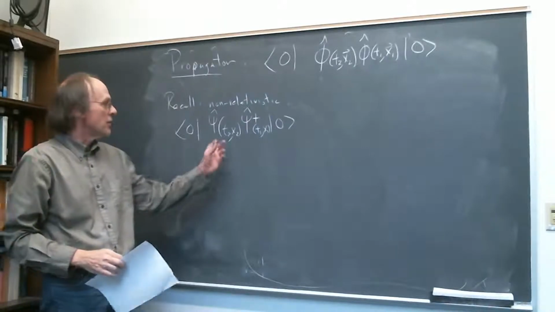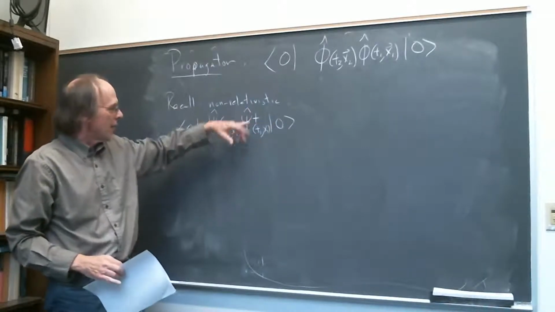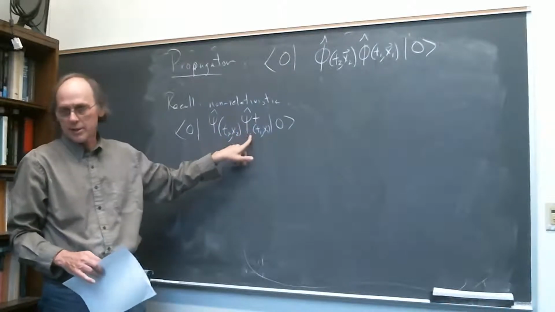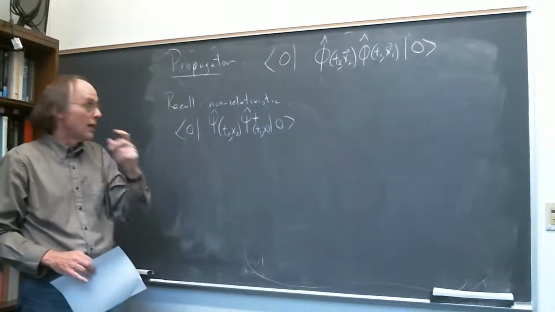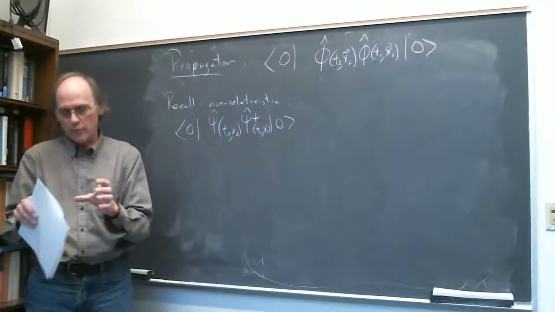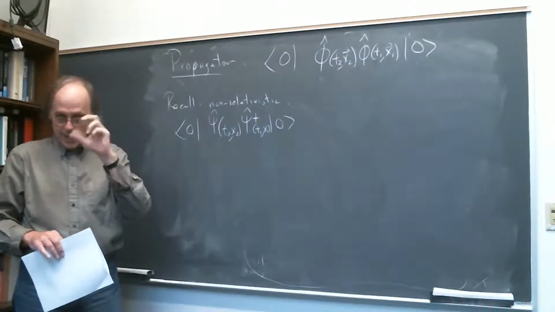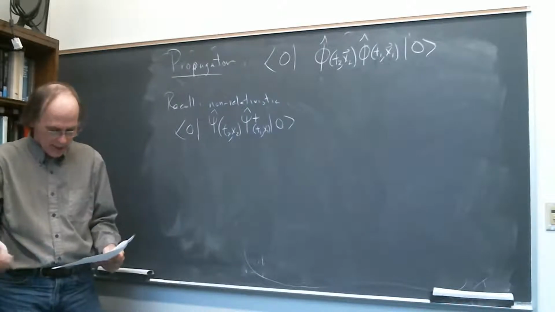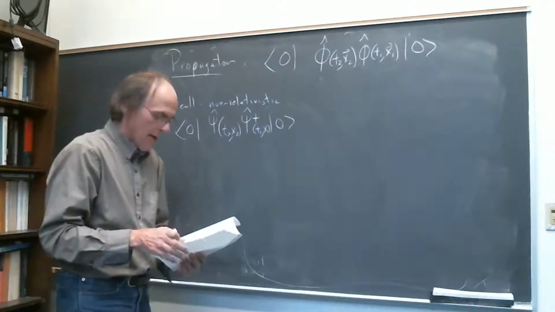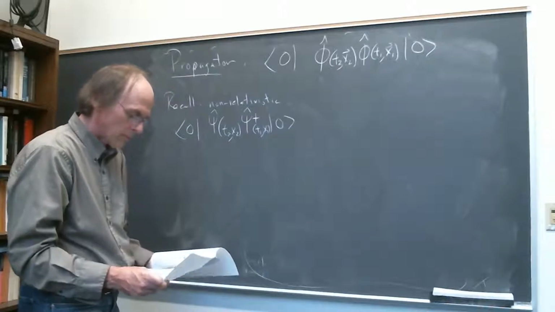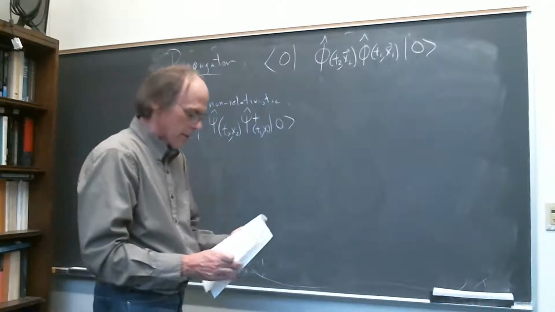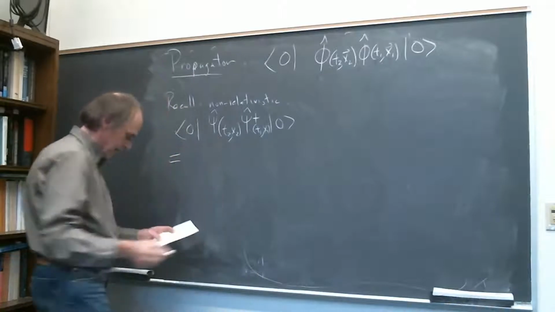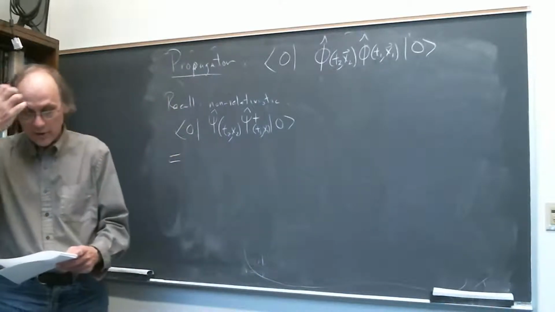Okay. And you could do this using the expression I had for the time-dependent field operators in terms of these A and A dagger annihilation and creation operators for fixed momenta, and I could just go ahead and calculate this. So anyway, I won't go through this calculation again. It's on page 400 of the notes.